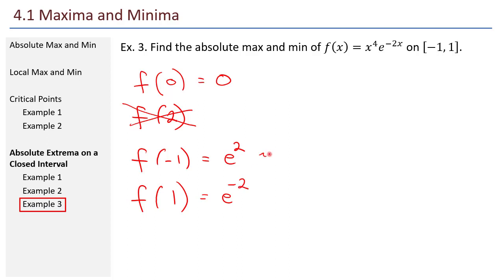Let's see, e squared is approximately, I did this in my calculator, 7.39, and e to the -2 is approximately 0.14. So finally, after all that work, we have it. What is the minimum value? It looks like 0 is the minimum value that the function attains. And what is the maximum value? E squared, or about 7.39.